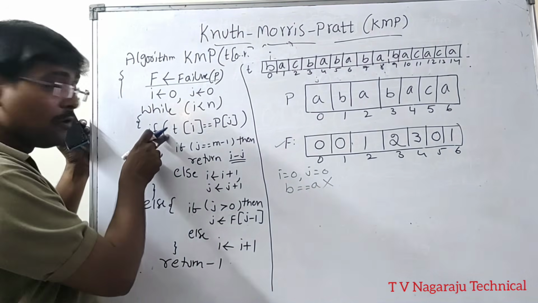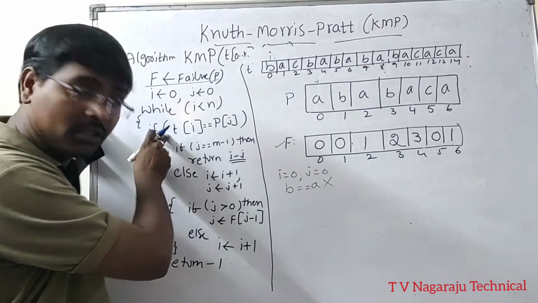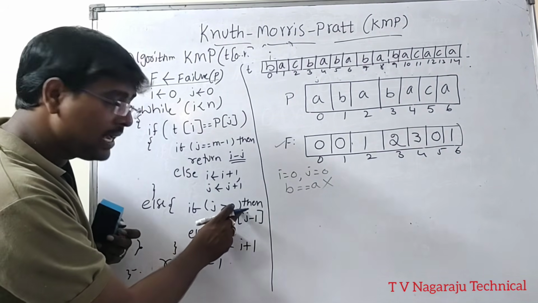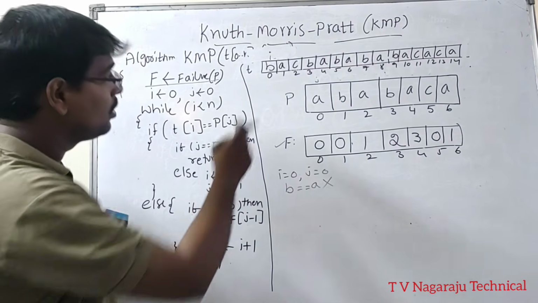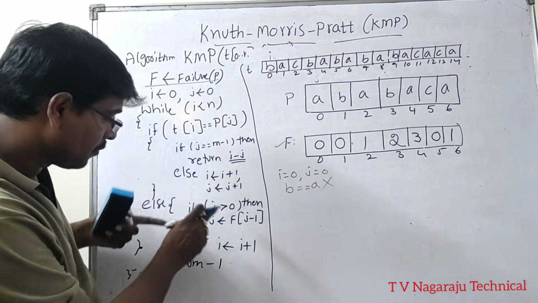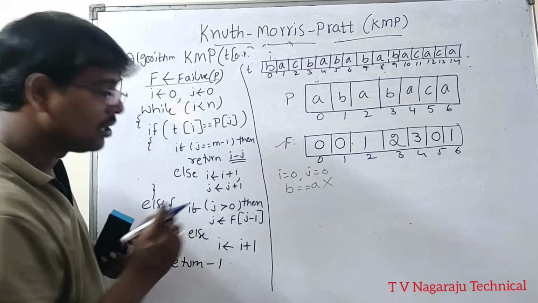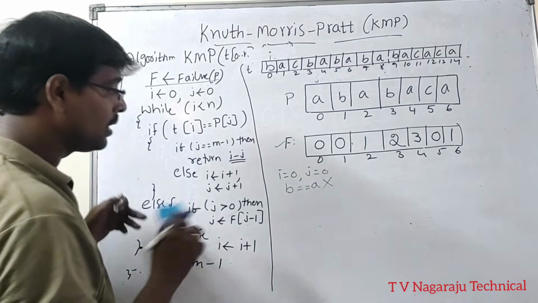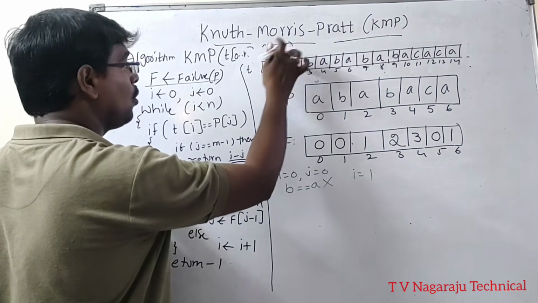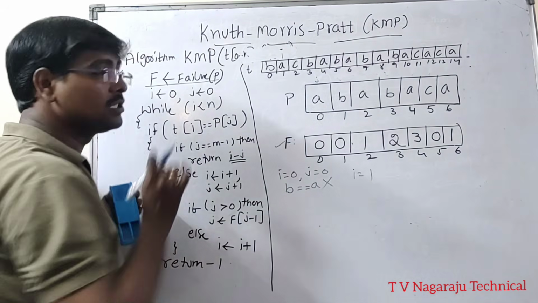Condition false. Whenever the condition is false, we move into else. We are checking j greater than 0. Yes or no? No. j value is equal to 0. If also fails, else i is equal to i plus 1. Now i value becomes 1. Now i moves to this position.